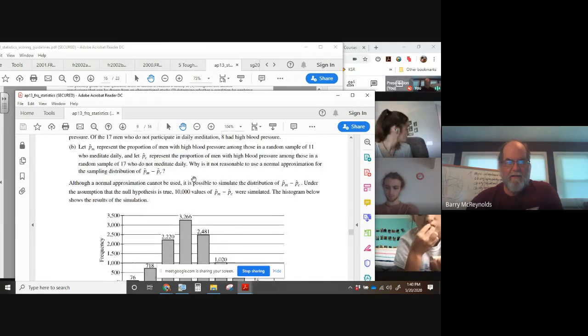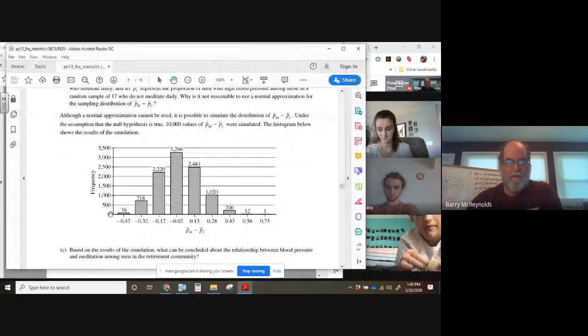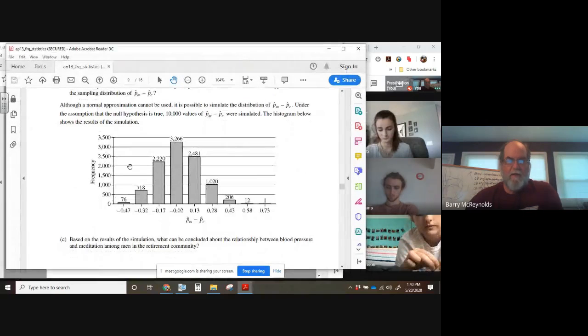look at part C now. Although a normal approximation cannot be used, it's possible to simulate this distribution under the assumption that the null hypothesis is true. The histogram below shows the results of the simulation.